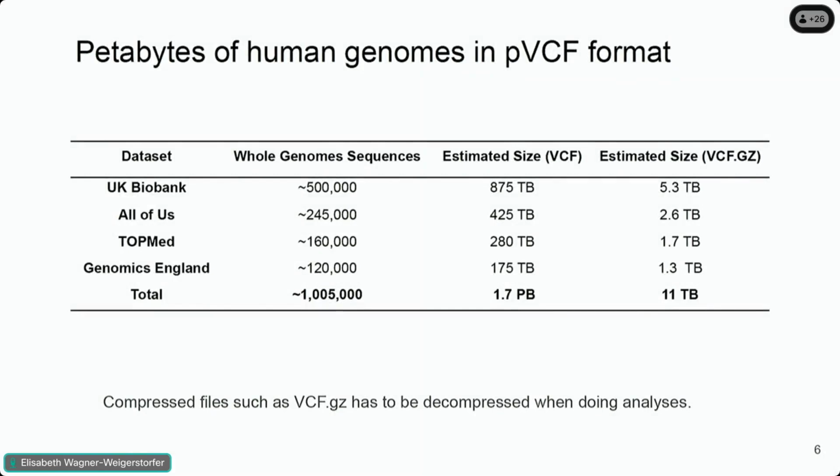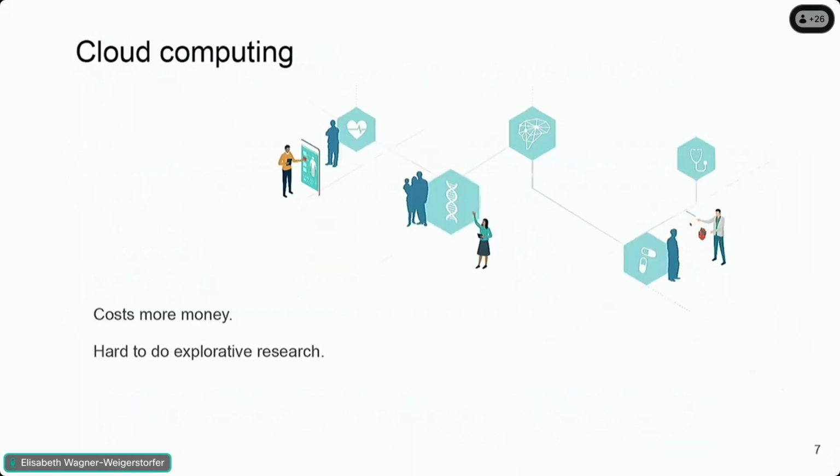However, this only partially solved the problem of how to save this data on a hard drive. When you analyze the data, you still need to decompress it, and then the data becomes larger again. There's still the problem of how to analyze such a large data set.